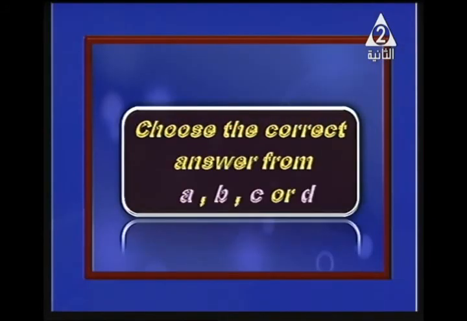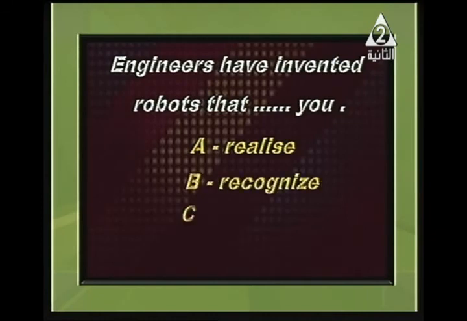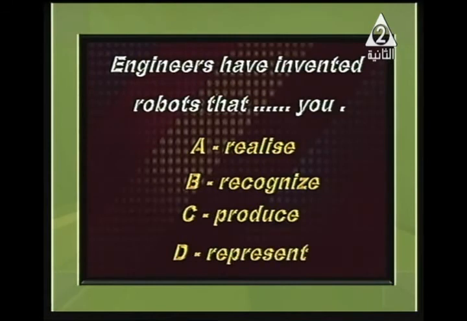Another type of question is choose the correct answer from A, B, C or D. Engineers have invented robots that blank you. A. Realize. B. Recognize. C. Produce. D. Represent. Very good: engineers have invented robots that recognize you.